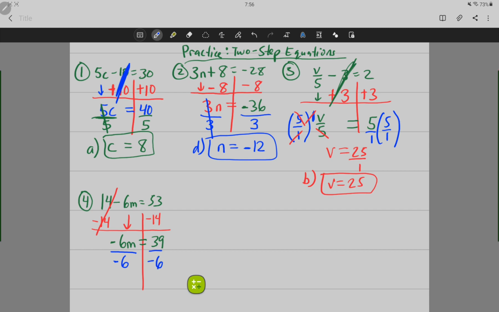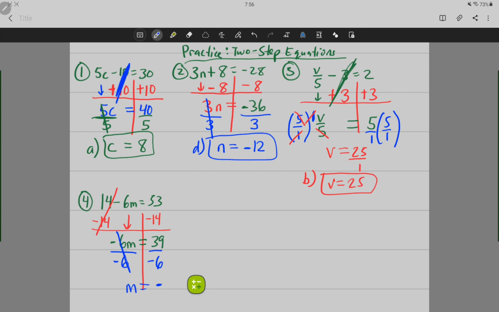Balance that equation. Negative 6 divided by negative 6 is 1. Don't put the 1, just cancel it out. Bring down m and equal. And 39 divided by negative 6. So we have a positive 39 divided by a negative. Just remember, when we're dividing or multiplying with opposite signs, you will get a negative.